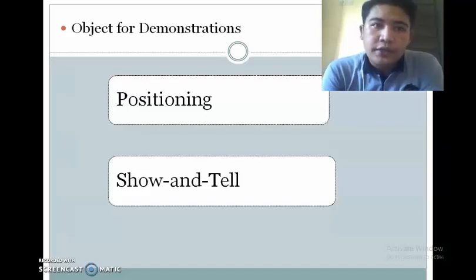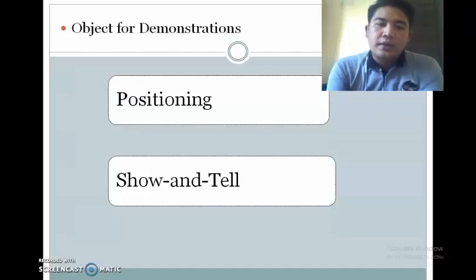When we are using the object, we should know how the presenter locates the object by positioning. Because if the object is not located in a good way, the audience will hard to see the object.